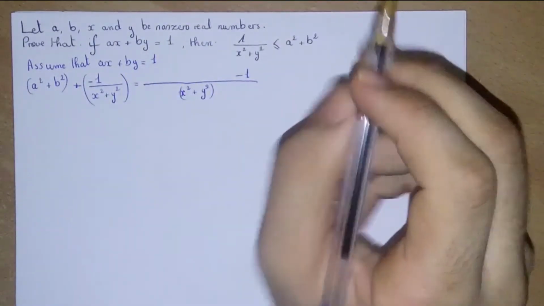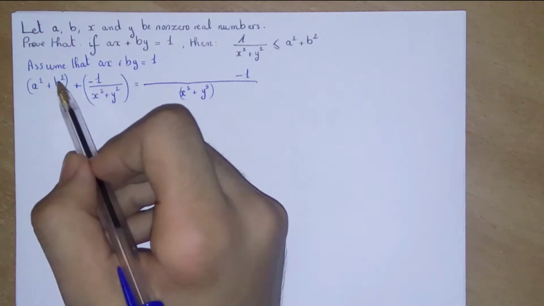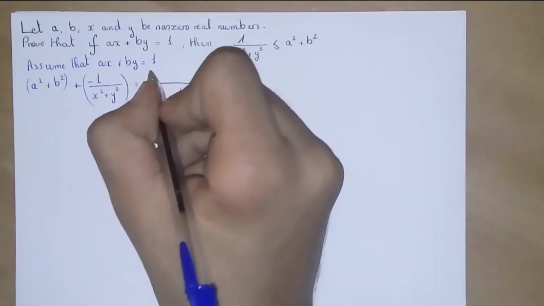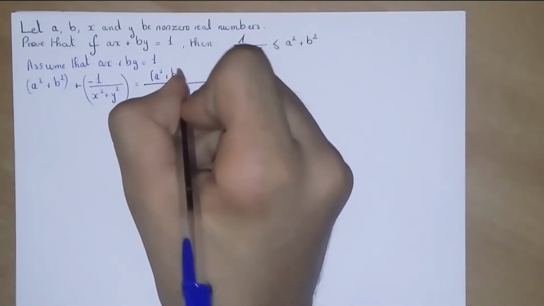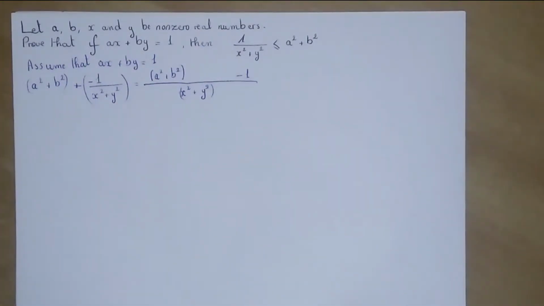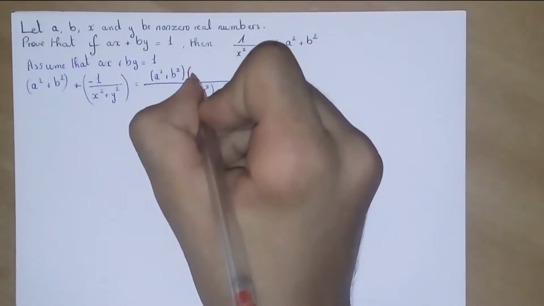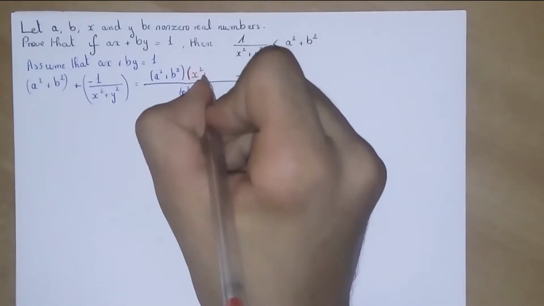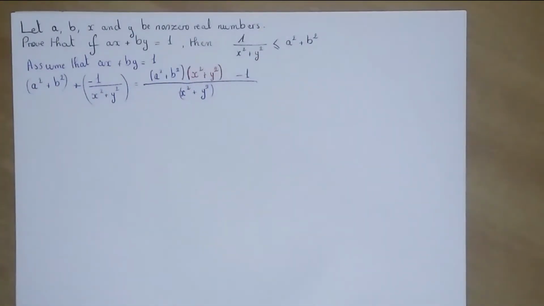I have done nothing to it. Whereas this number a squared plus b squared is going to be multiplied by x squared plus y squared to make it into a common denominator.